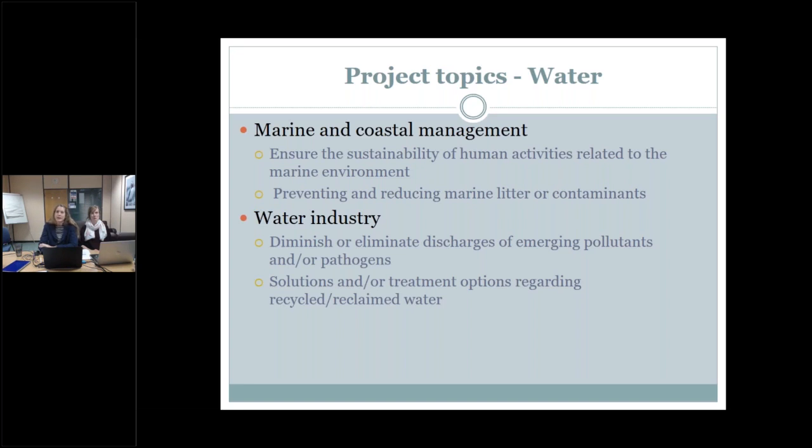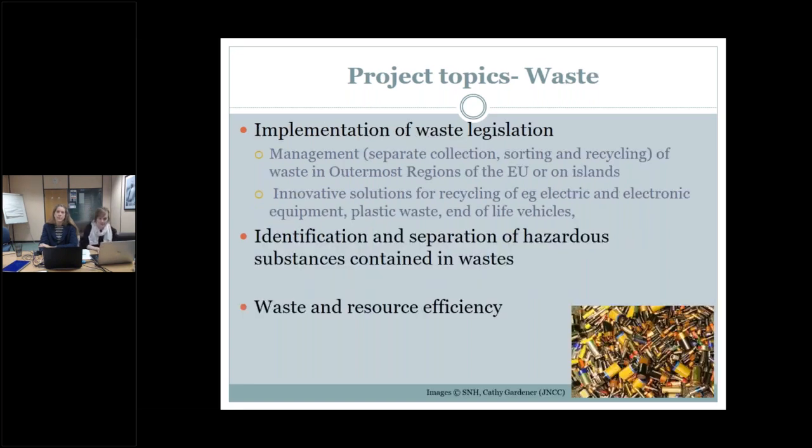Marine litter is a big priority for the Commission. Project topics under the water industry heading include the elimination of discharges of emerging pollutants and or pathogens. Another project topic is the solution of and treatment options regarding recycled and reclaimed water.